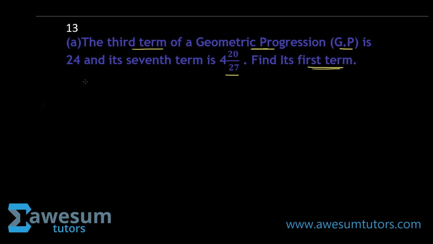So the first thing you want to do right here is, if you take note of this question, you are not given the common ratio, neither were you given the first term. You are asked to find the first term.